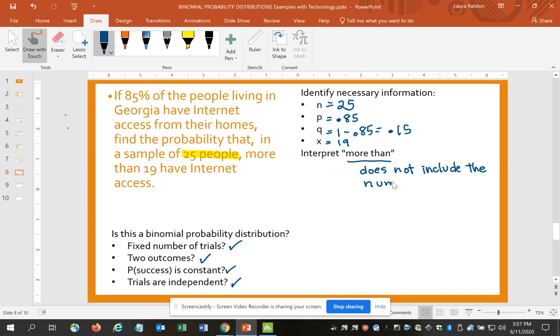And that's really the primary issue, is should you include, in this case, 19 or not. So in this case, more than 19 to me implies we could have 20, 21, 22, 23, 24, or 25. So let's go out to Minitab.